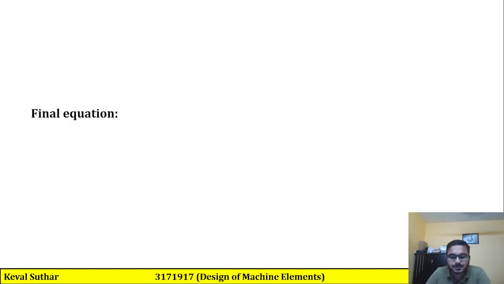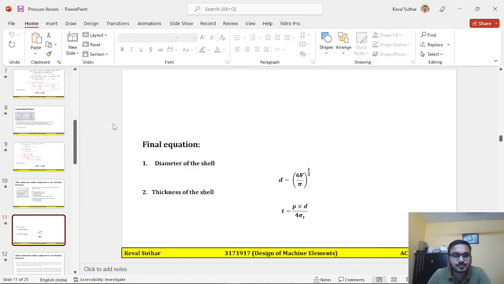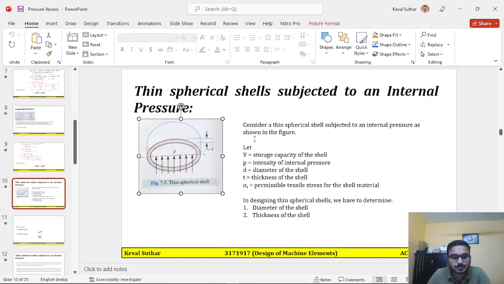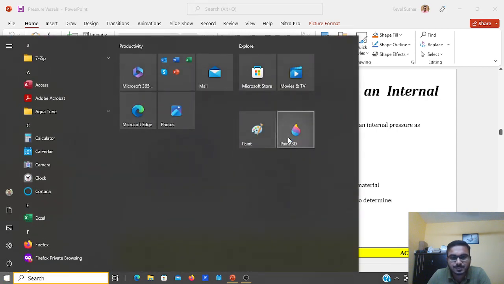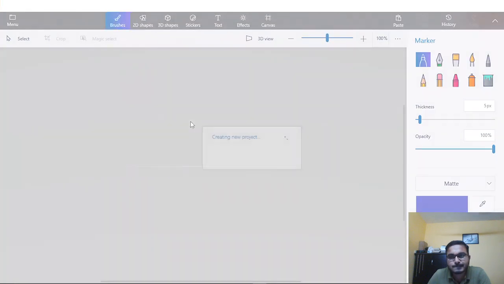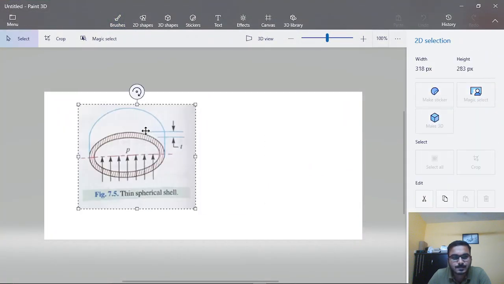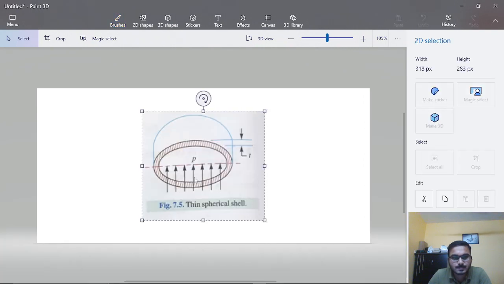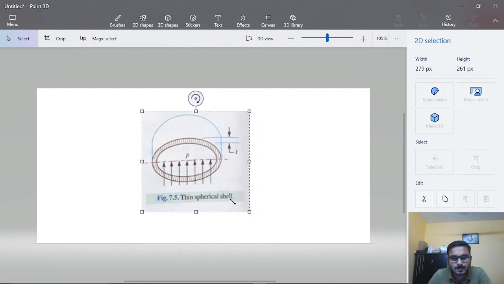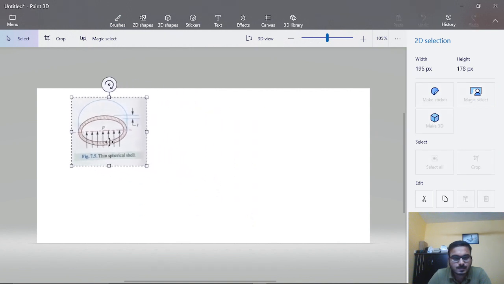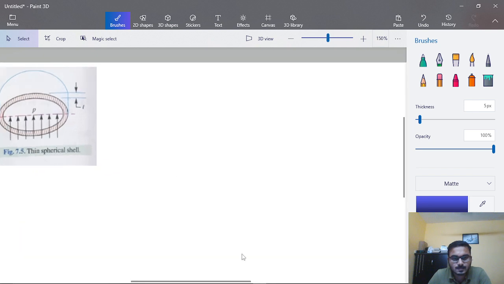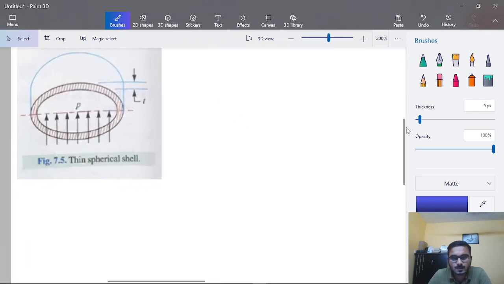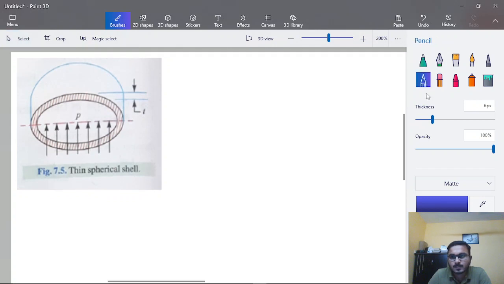So let's derive it on our whiteboard. Here first we will calculate the diameter of the shell.